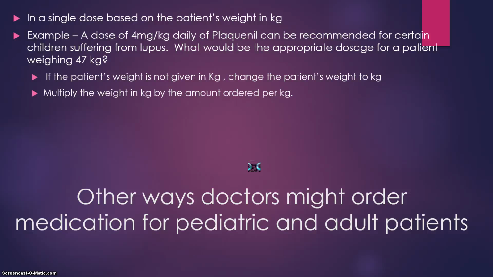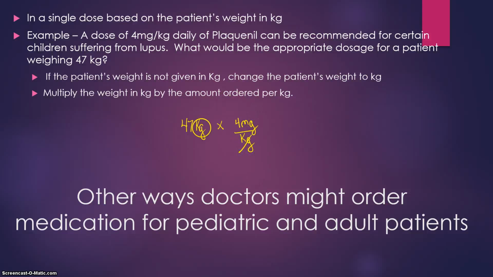Our first step would be, if the patient's weight is not given in kilograms, to change the patient's weight to kilograms. It's already given in kilograms, so that's fine. Next, multiply the weight in kilograms by the amount ordered per kilogram. So we have 47 kilograms, that's the patient's weight, multiplied by the amount ordered, 4 milligrams per kilogram, right?